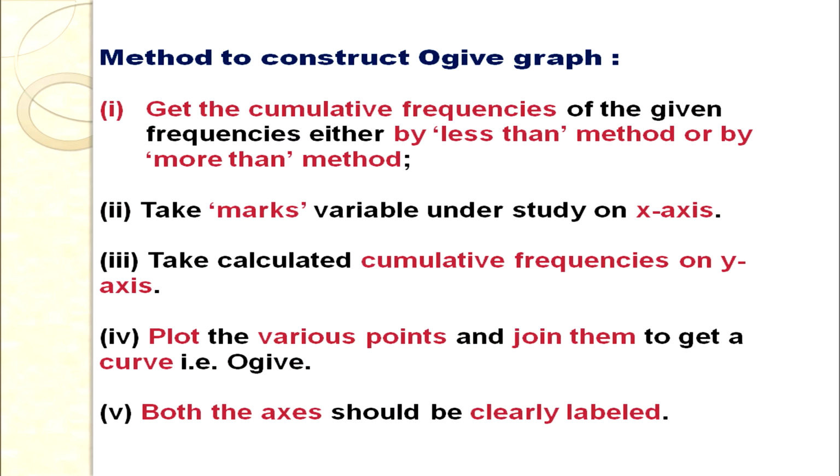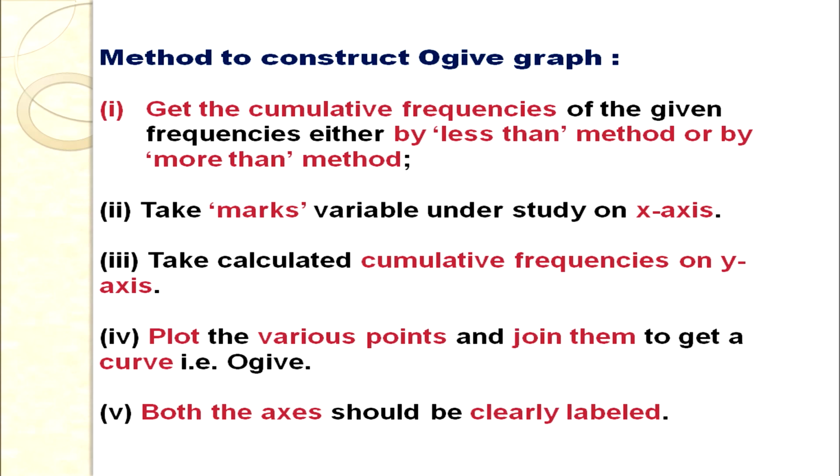When we go for less than or more than, the first step is to calculate cumulative frequencies. Then we take marks, the variable under study, on the x-axis, and cumulative frequencies on the y-axis.